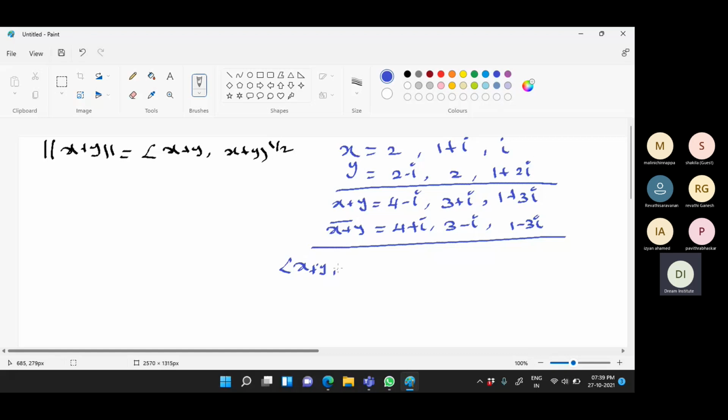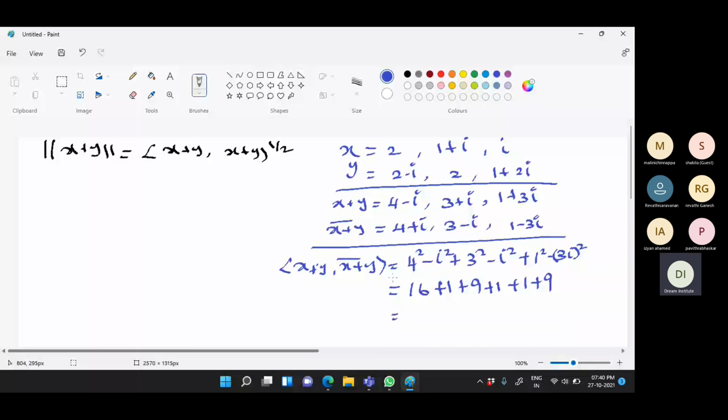That means 4 square minus I square plus 3 square minus I square plus 1 square minus 3I the whole square. Finally, we are getting the answer 16 plus 1 plus 9 plus 1 plus 1 plus 9. In this root, we have to calculate it. Finally, we need to apply here, then put it to root here. You understand? It is 17 plus 10 plus 10.